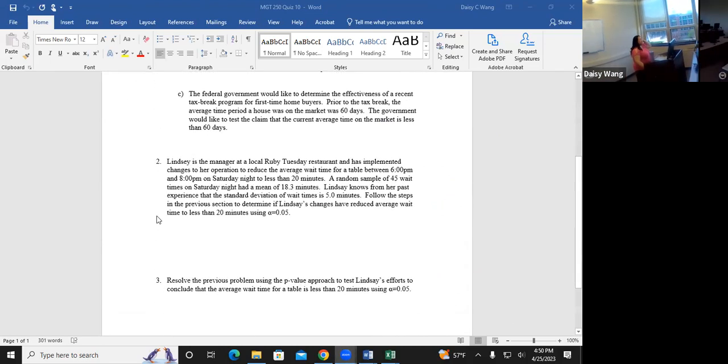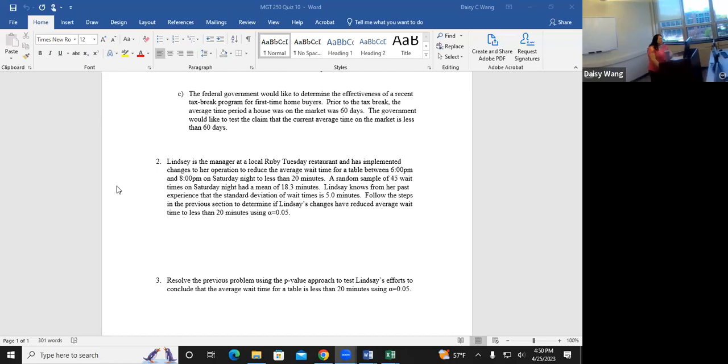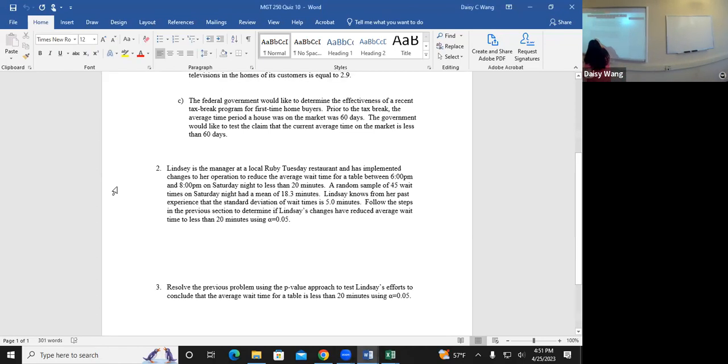Lindsay is the manager of a local Ruby Tuesday restaurant. They implemented changes to their operation to reduce the average wait time for a table between 6 p.m. and 8 p.m. on Saturday night to less than 20 minutes. So now we want to see our hypothesis to test.